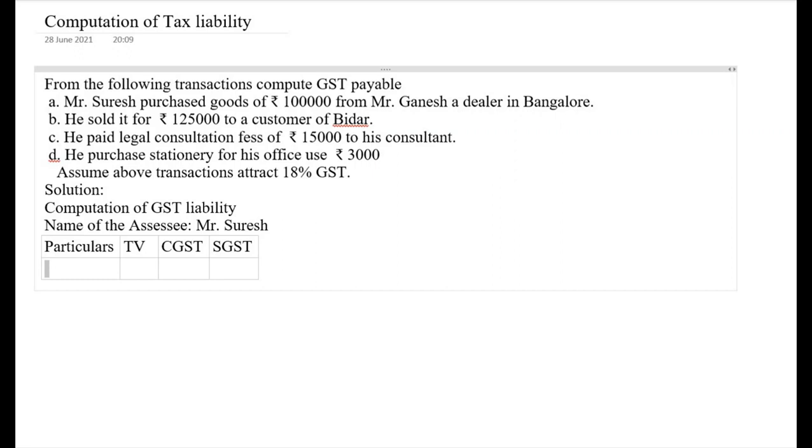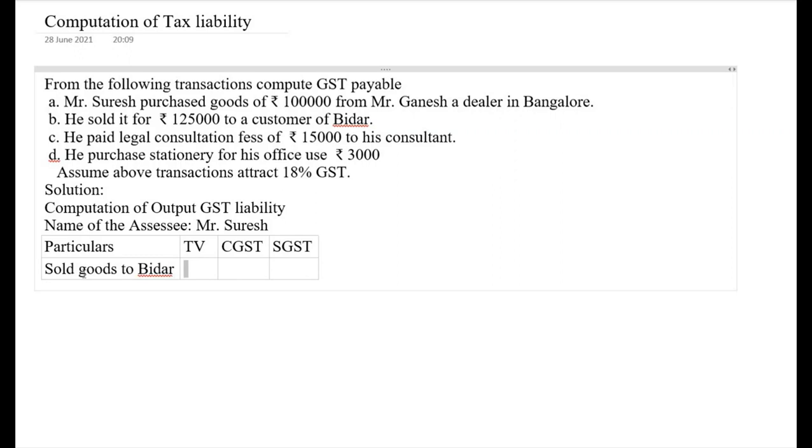Here first we should calculate the output tax liability. So let me write down here computation of output GST liability. Here there is only one transaction which is output, that is sold goods to the customer.